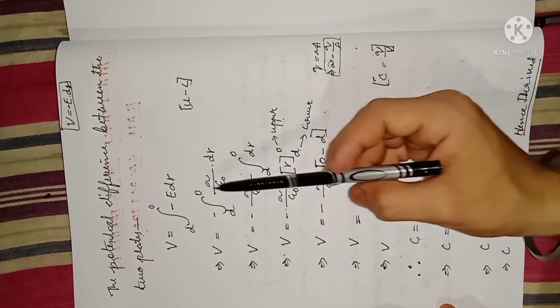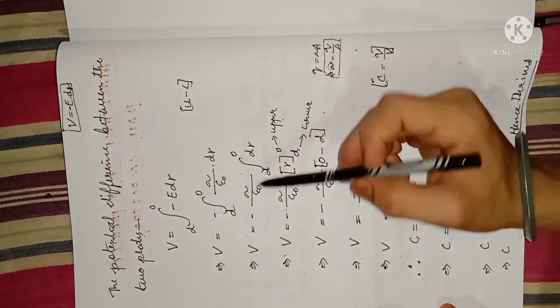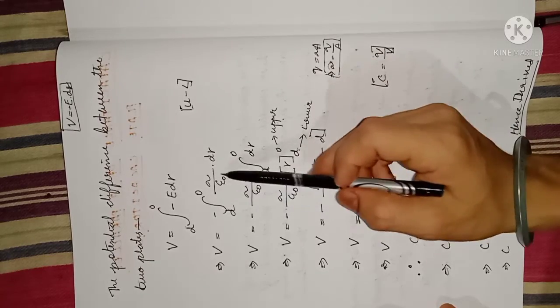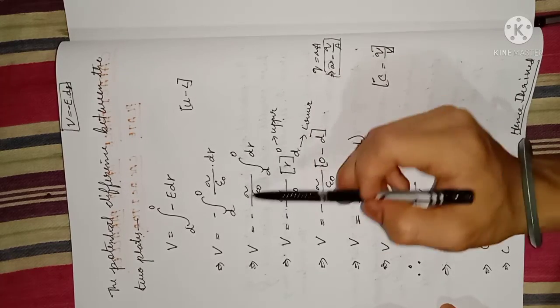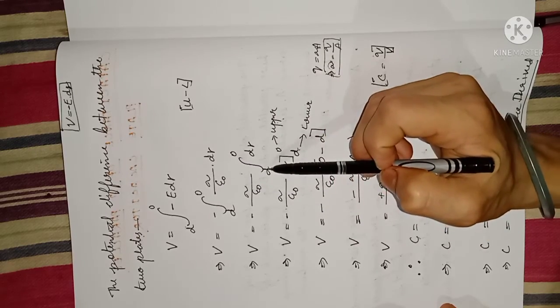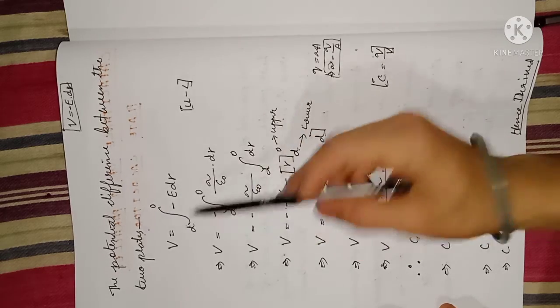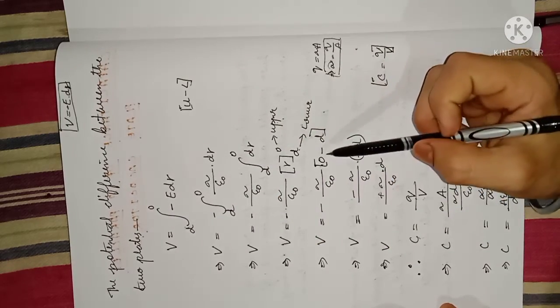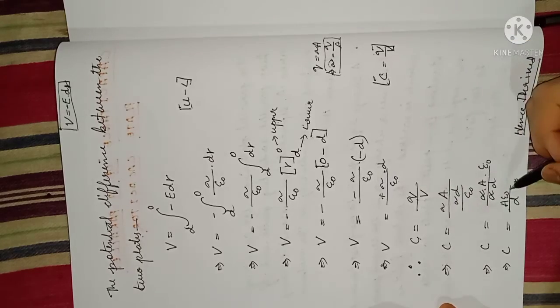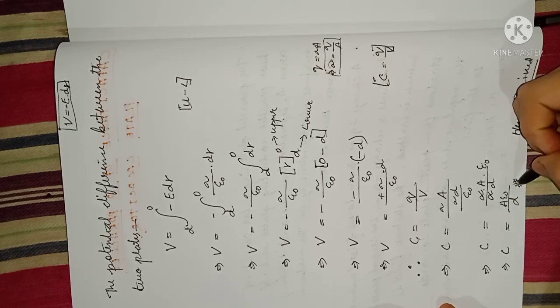So the minus sign and the constant sigma by epsilon naught came out. We integrated with limits from 0 to d, upper limit minus lower limit, substituted the values here, and hence derived.